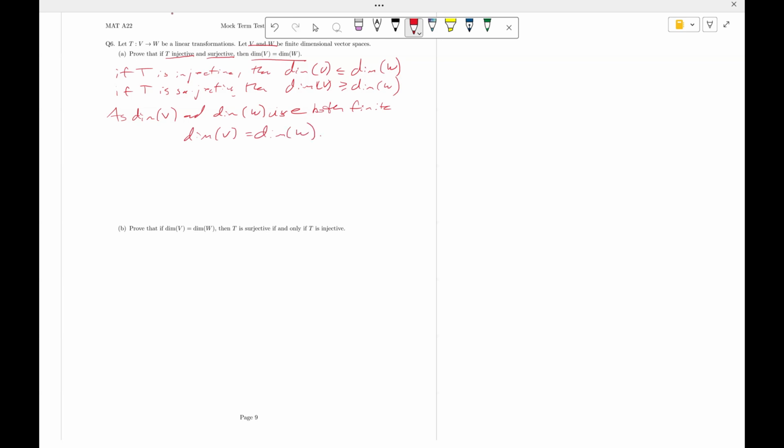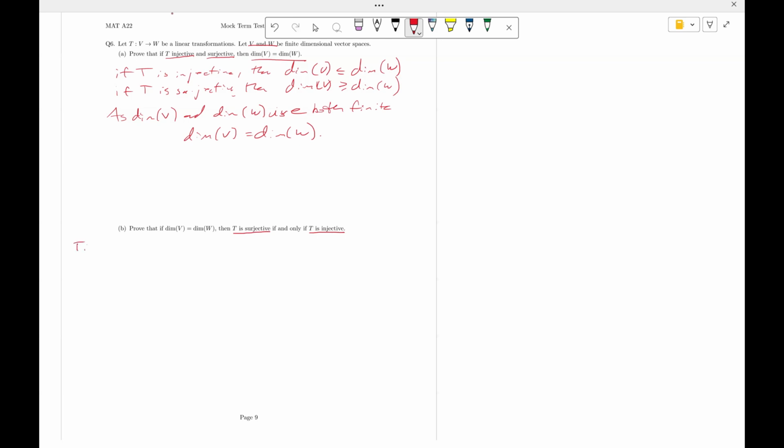Now, we want to prove that if the dimension of V equals the dimension of W, then T is surjective if and only if T is injective. Here, we're going to leverage the following equivalent statements.